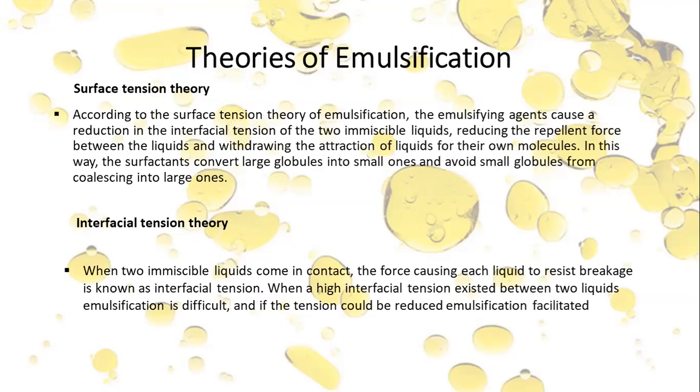In this way, the surfactants convert the large globules into small ones and prevent small globules from coalescing into large ones.